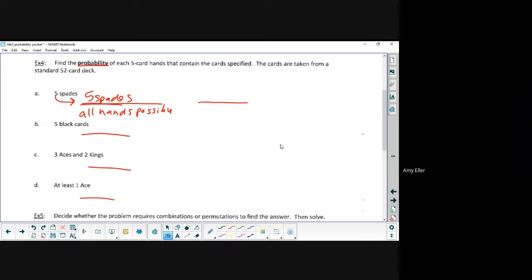Desired result on top, total possible on the bottom. Let's start with the bottom. All of the hands possible. How many cards are there? 52. And how many are in my hand? 5. So all the hands are 52 choose 5.